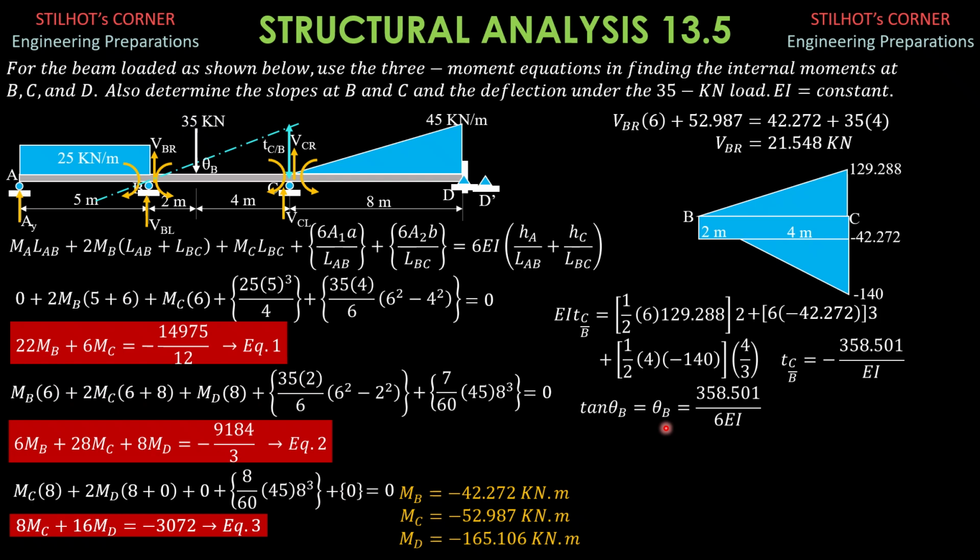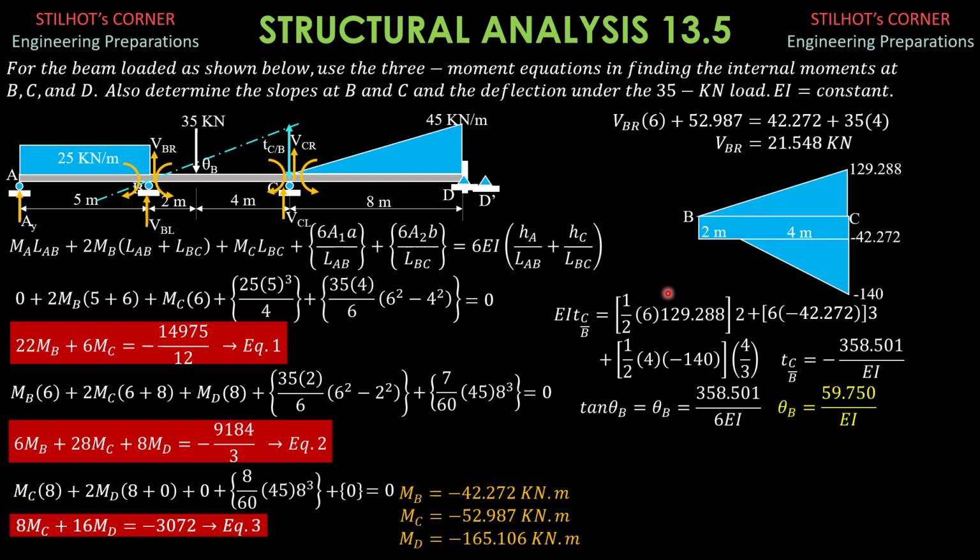If you do not know that, you have to review the preliminary ideas on deflections in beams. So therefore, theta B is equal to 59.750 over EI. The direct way of computing theta B is to use the slope deflection equation. So I will solve this problem using slope deflection equations also to verify that this answer is correct.